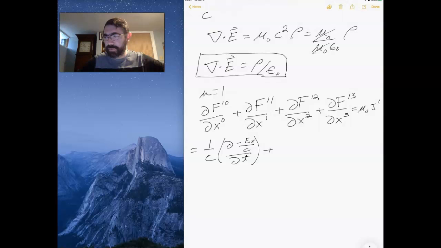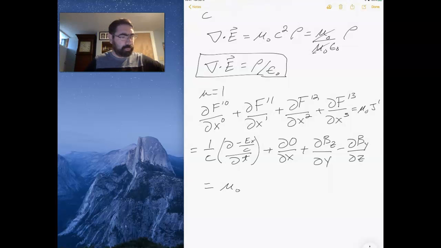And I would get plus d0 dx plus dBz dy minus dBy dz. And all of that now is equal to mu 0 times the jx component, because that's what j1 is.